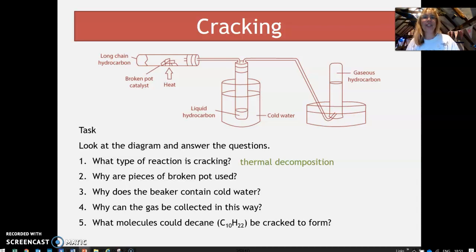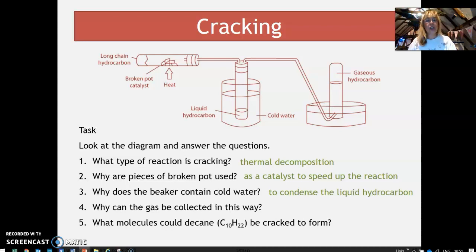Okay, let's have a look at some of the answers. The type of reaction is thermal decomposition. Why are the pieces of broken pot used? Because they act as a catalyst. Why? To speed up the reaction. So remember those whys to try and get a deeper answer. Why does the beaker contain cold water? To condense the liquid hydrocarbon.